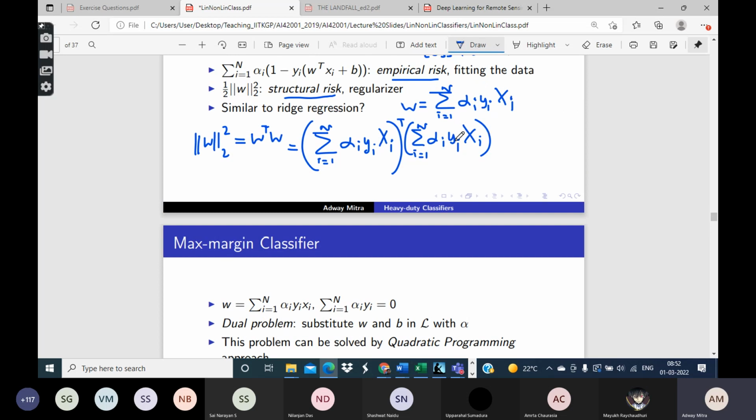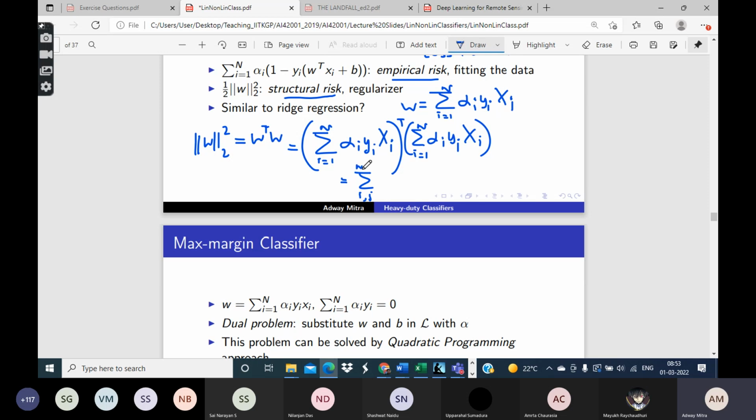I am not going into the details of exactly how it will work out, but it's messy, though straightforward. You can understand that it will be something like this. We have a summation of n terms, and this part is also a summation of n terms.